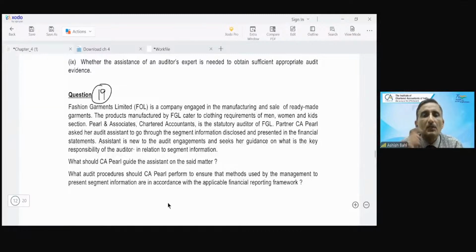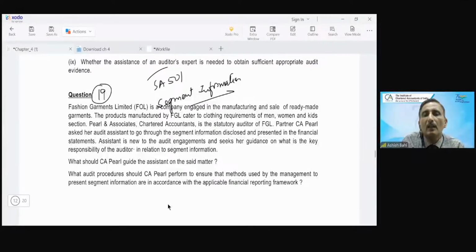Now see this question. This is about segment information. Again, SA 501. So when the segment information is required to be disclosed about different products or different geographical locations, what are the duties and responsibilities of auditors as per SA 501?